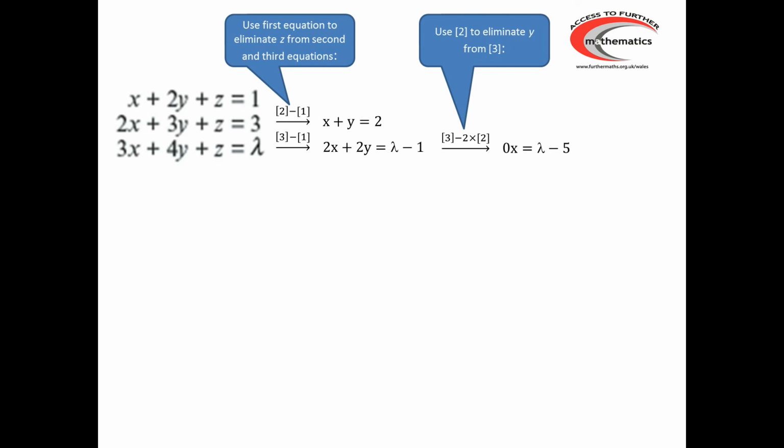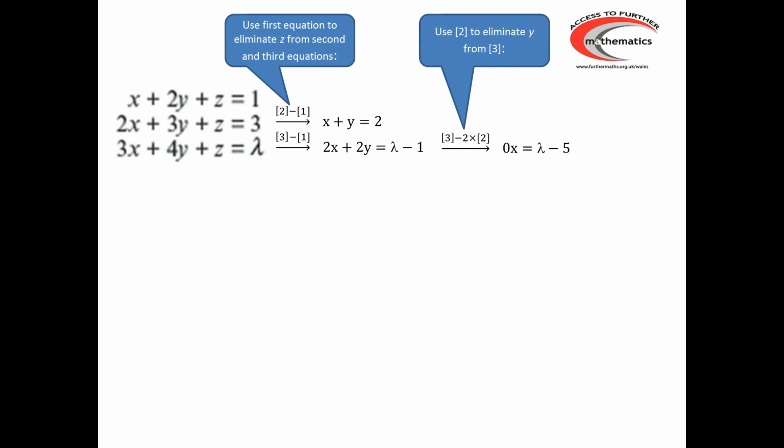So what have we got? We've got 2x take away 2x. Now that is 0x. I am going to write this as 0x because what I was trying to do at this stage was eliminate the y's. So the 2x take away 2x is leaving me with 0x.